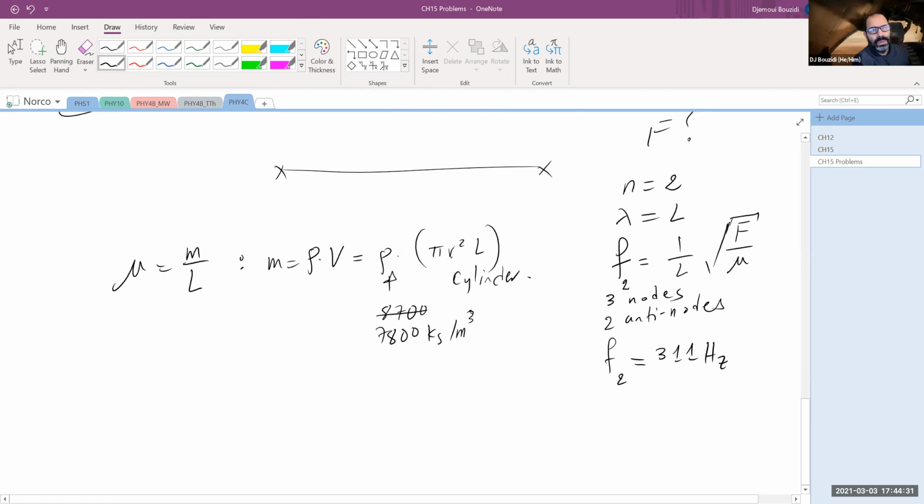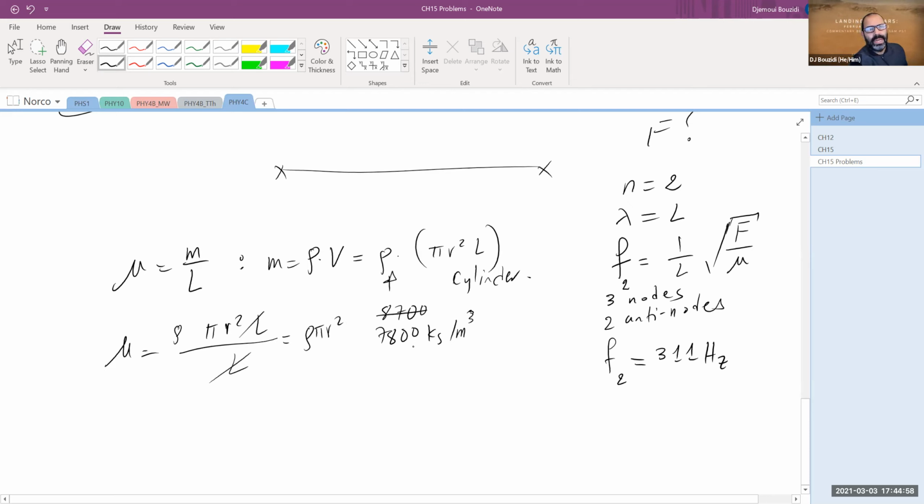We know the diameter, so I can find the radius r, which is half that diameter, times the length, which is given to us. As a matter of fact, mu is rho times pi times r squared times L divided by L, so the L cancels and doesn't matter in this case. The linear mass is going to be rho pi r squared, okay?